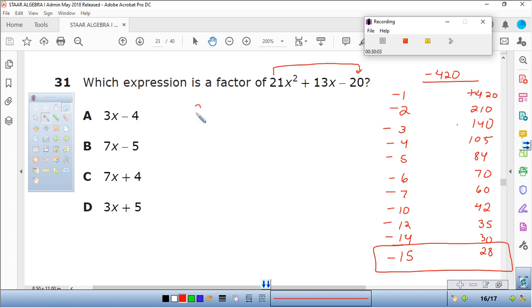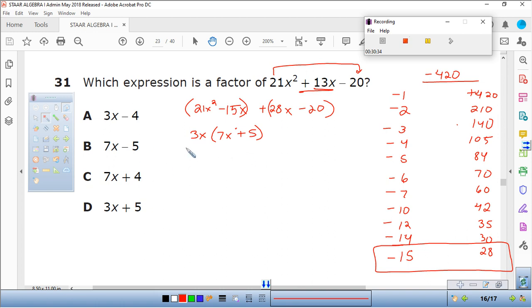So here we go. 21x squared minus 15x plus 28x. These two add up to give you that negative 13. Now you break this down to this and this to this. Factor out 3x. That gives you 7x plus 5.